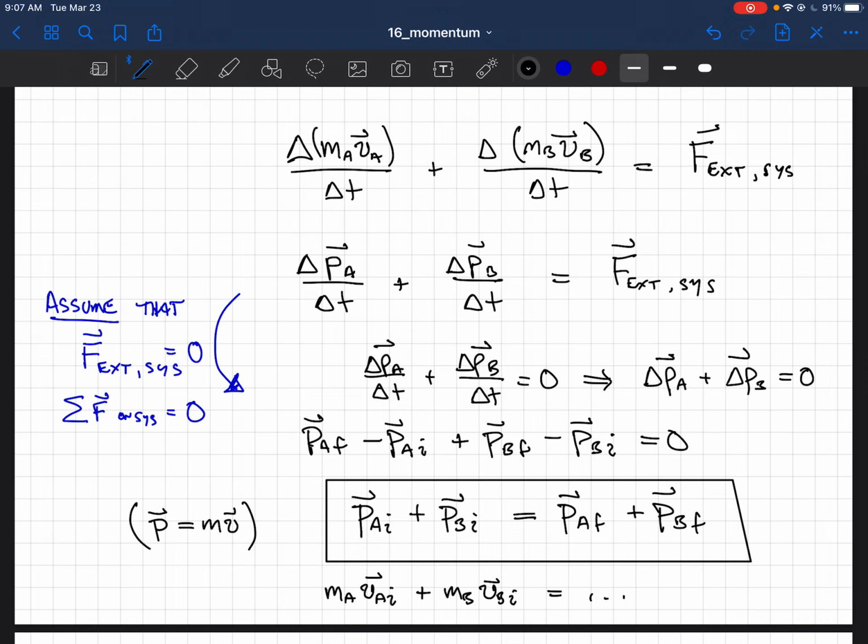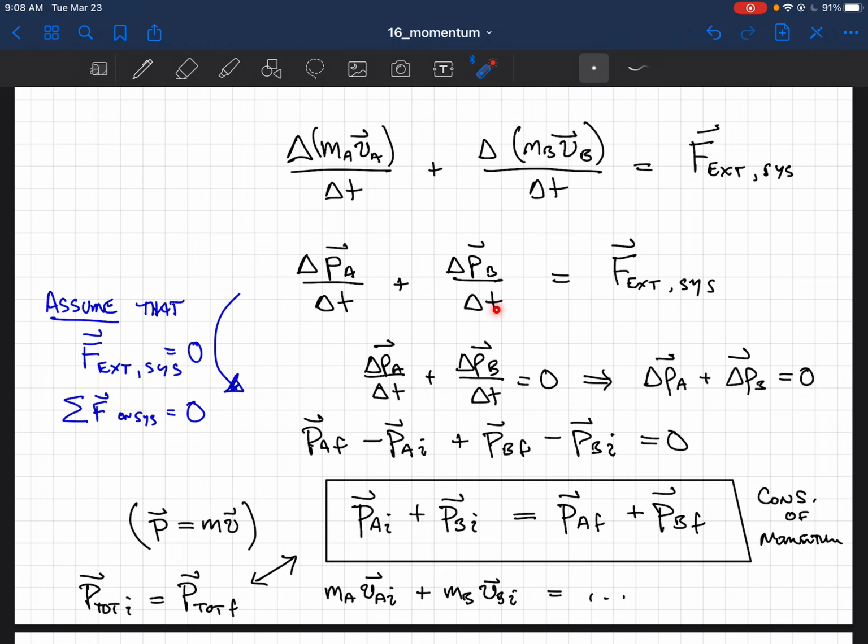So we have conservation of momentum. Another way of saying this is that P total initial of the system is equal to P total final of the system. So you take all the objects in your system, you add up their momentum vectors, that's P total initial, and that should be equal to the sum of the momentum vectors at the final time.